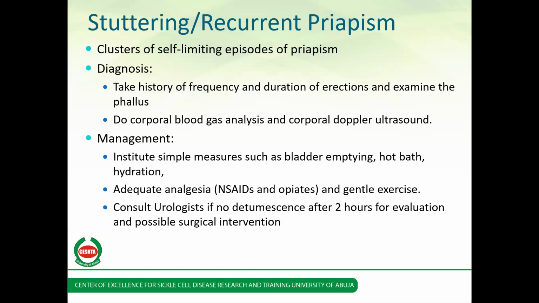Do corporal blood gas analysis and corporal Doppler ultrasound. Management includes instituting simple measures such as bladder emptying, hot bath, hydration, adequate analgesia and opiates, and gentle exercise. Consult urologist if no detumescence after 2 hours for evaluation and possible surgical intervention.